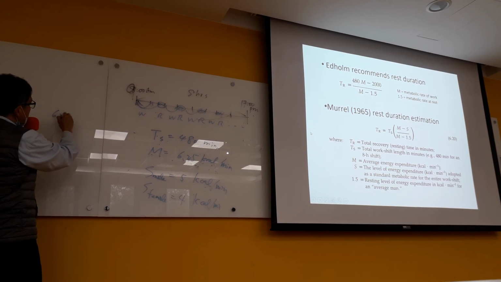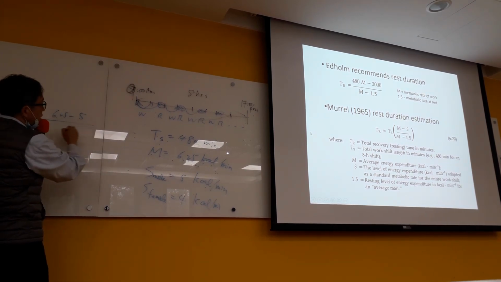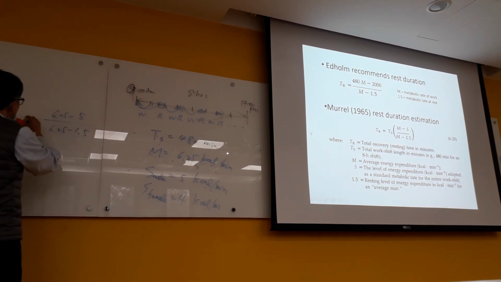M 6.25 minus S, the standard 5, divided by 6.25 minus 1.5, multiplied by 480 minutes.